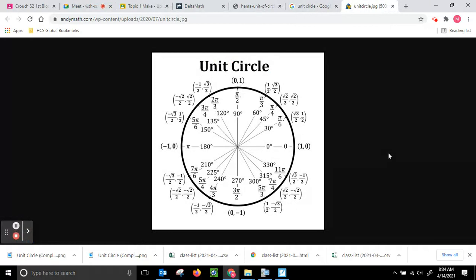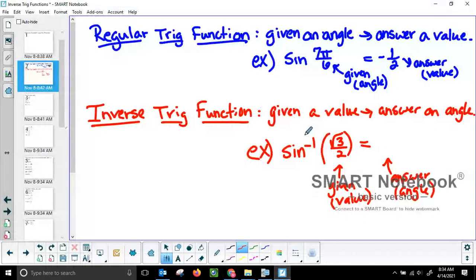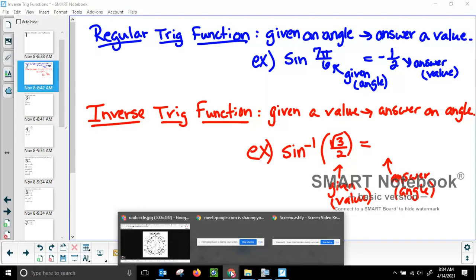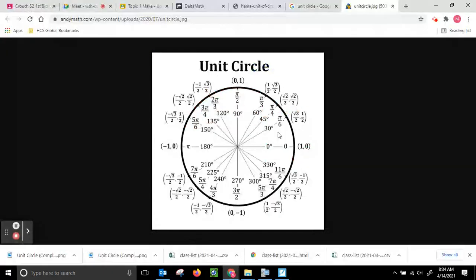So looking at my unit circle here, we want to find the inverse sine of the square root of 3 over 2. Remember, sine are my y coordinates. Where is my sine the square root of 3 over 2?